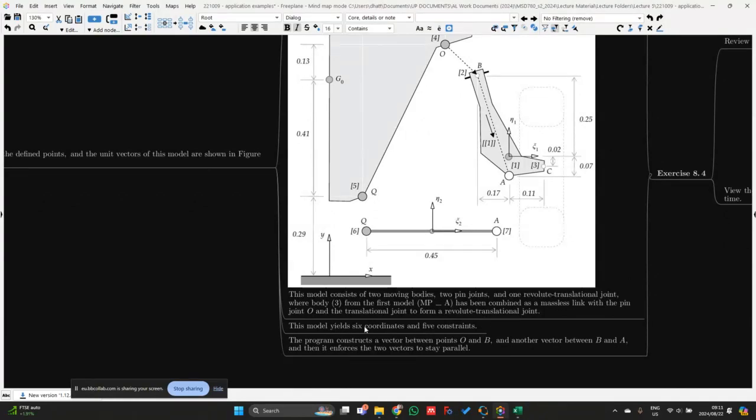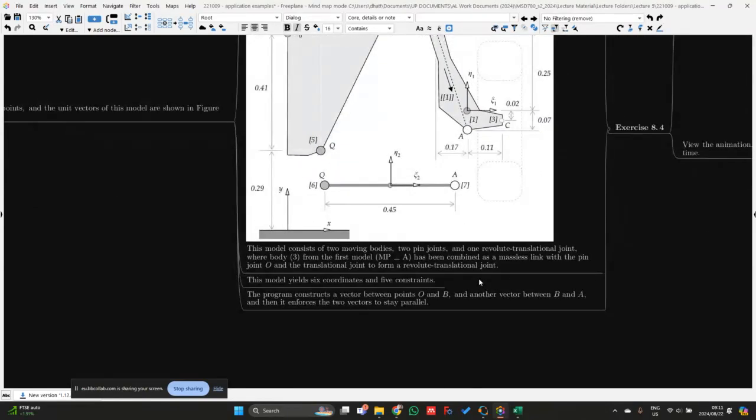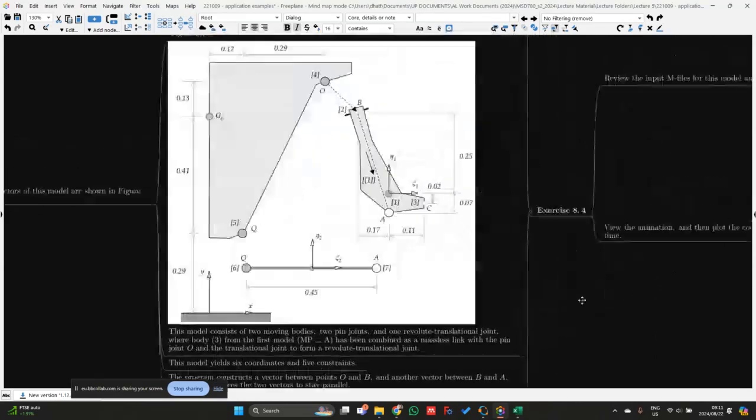So this model yields 6 coordinates and 5 constraints. It's a bit more computationally efficient than what we had for the previous case. The program constructs a vector between O and B and another vector between B and A, and then it enforces the two vectors to stay parallel.